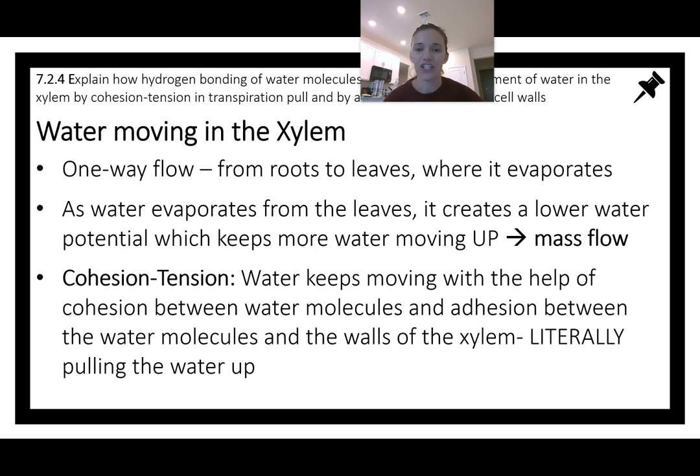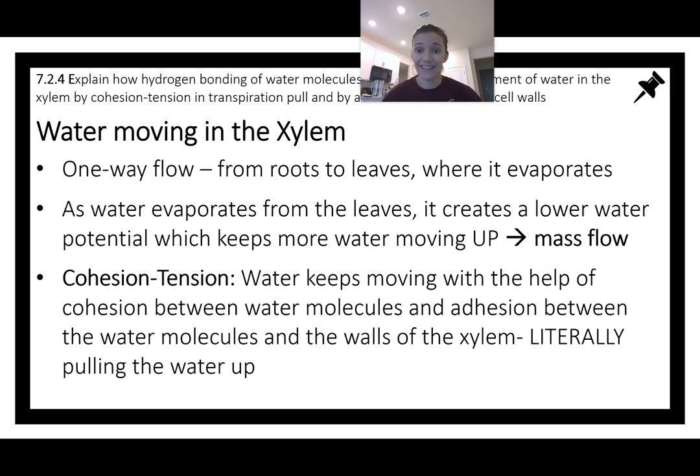And then there's this cohesion tension theory, which is just the idea that water tension and cohesion and adhesion too is what's pulling the water up. So water is going to be moving up with the help of cohesion. So remember, we're going against gravity at this point. We're going up like a huge tree potentially. So hydrogen bonds, water pulling other water.